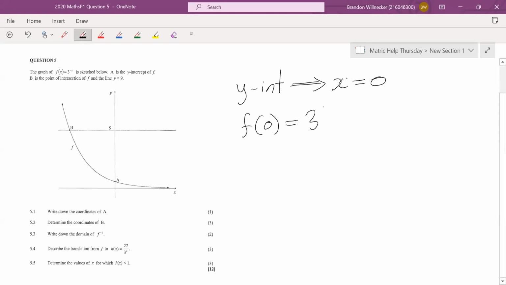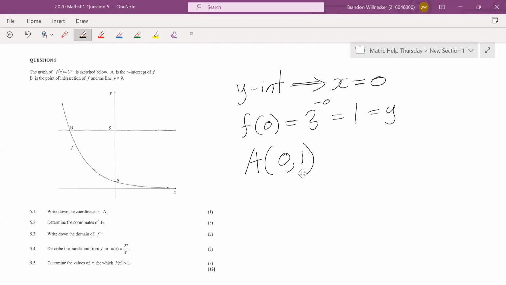In this case, it will be 3 to the minus 0, but anything to the power 0 is 1. So we have a y value of 1. We can write A as the x value that we set to 0 and the y value that we found to be 1.